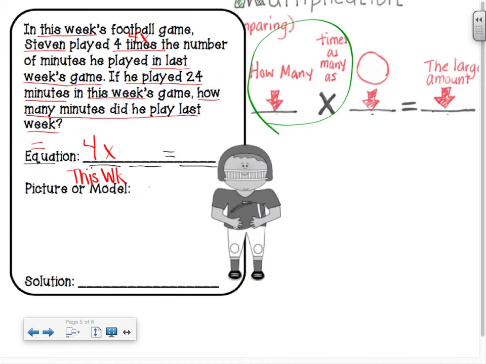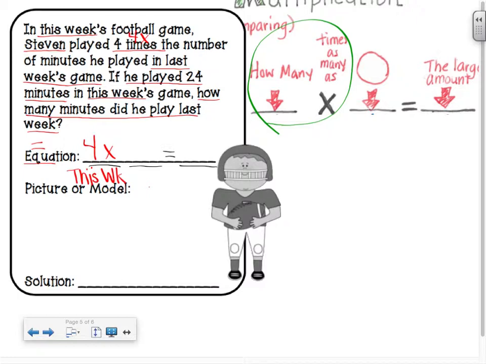If Cody scored 4 times the amount as Cody, that doesn't make sense. He can't score 4 times more than himself unless it was separate time periods. And we're not really comparing him, we're comparing last week versus this week. But Cody's name can't be in both these spots.